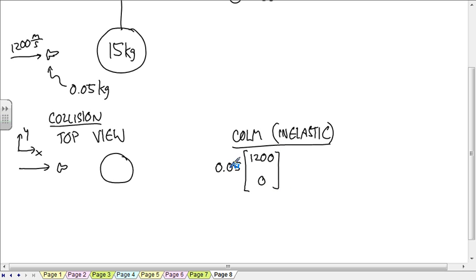Okay, so this is the momentum of the bullet before the collision. Before the collision, the mass is just hanging there, so that has no momentum. And after the collision, they travel as a single thing, so we can think of it as just a mass of 15.05 kilograms times the velocity vector.